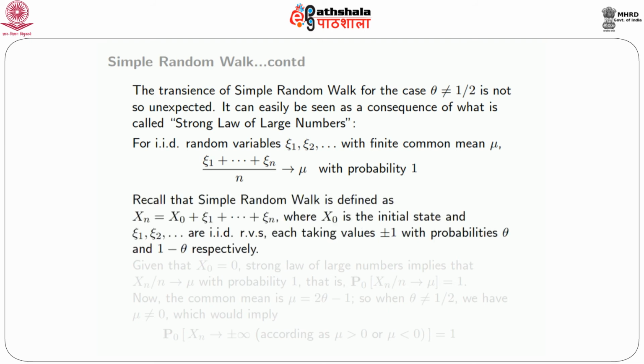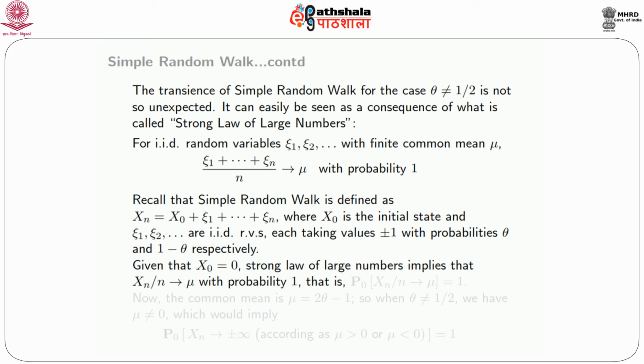Now recall that the simple random walk is defined as Xn equals X0 plus the sum xi1 plus etc. up to xin, where X0 is the initial state and xi1, xi2, etc. are IID random variables, each taking values plus or minus 1 with probabilities theta and 1 minus theta.